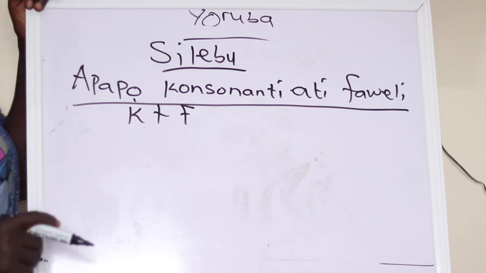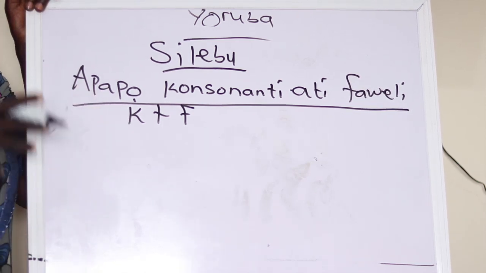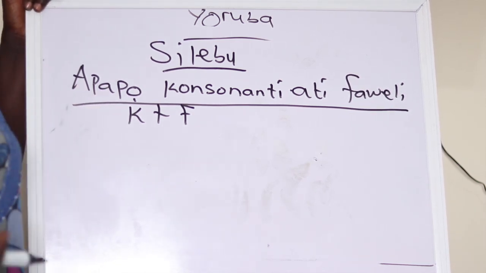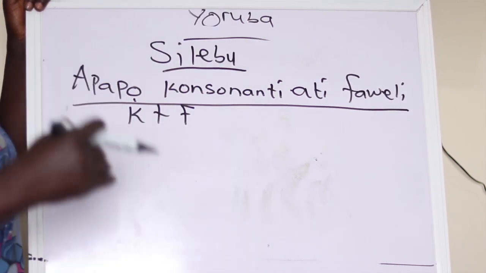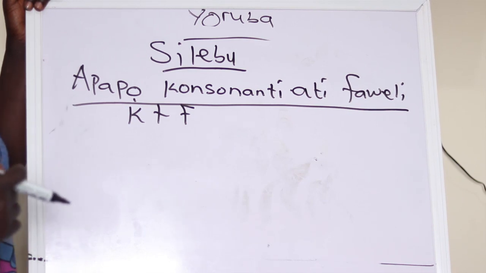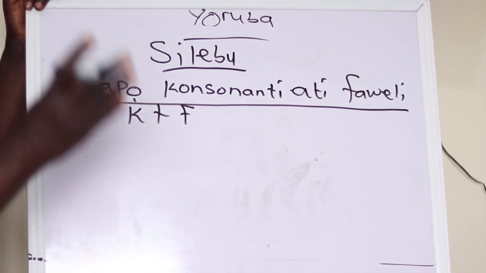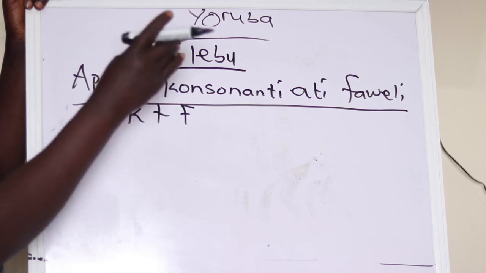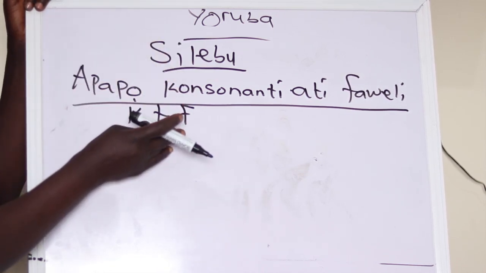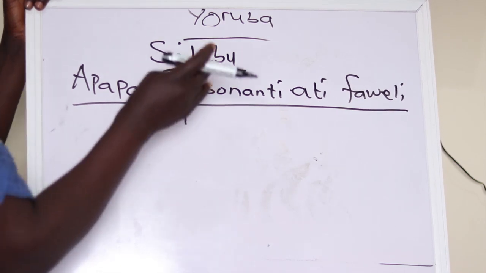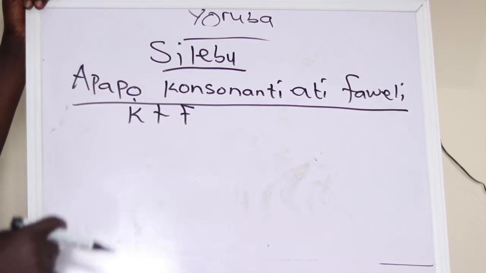Kí wá ni syllable? Syllable jẹ́ ègé ọ̀rọ̀, that is the one you can divide a bit by bit. Then you have the two together, which is consonant and vowel. A pè ní konsonanti ati faweli. Kí wá ni konsonanti?